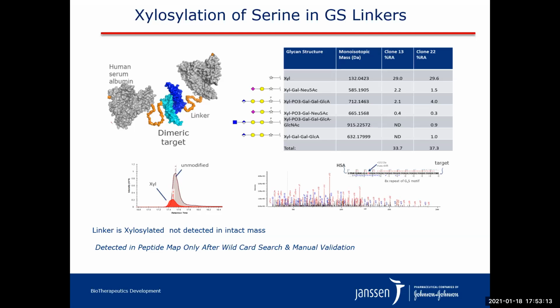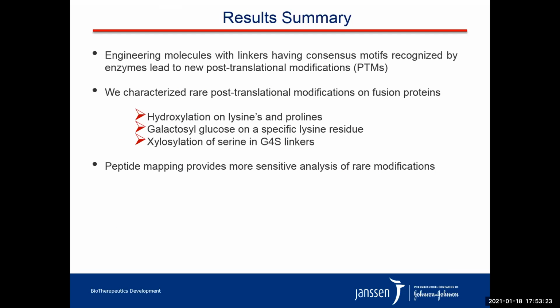In order to mitigate xylosylation in non-MAP platforms, we have developed cell line knockouts of the xylosyl transferase activity. In summarizing this study, we have successfully identified and characterized a rare modification of galactosyl glucose on a therapeutic fusion protein occurring at a specific lysine residue. We also observe xylosylation of linkers that have G4S repeats by peptide mapping as a more sensitive method of detection.